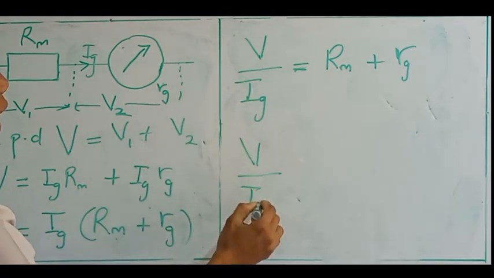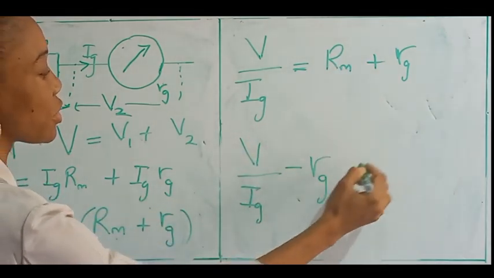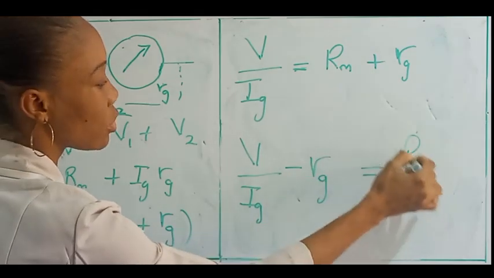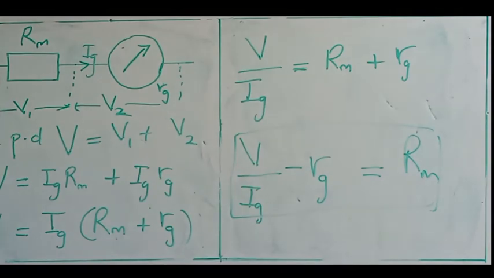V over IG minus RG is equal to the resistance of the multiplier. So we can use this formula to solve for the resistance of the multiplier.